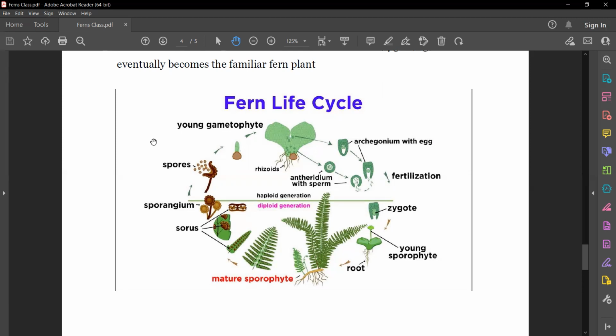When they land on a suitable substrate, so I've moved from here, the mature sporophyte has released the spores. Then here it lands on a suitable substrate and begins to develop into a young gametophyte. This gametophyte is known as the prothallus, right? So this prothallus is green and heart-shaped in nature, right? It bears the male and female organs, the male is the antheridium, and the female is the archegonium, right?